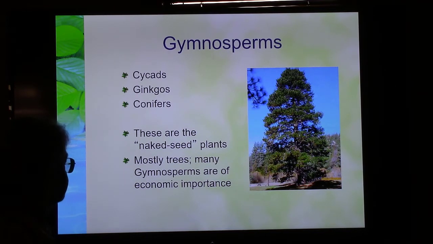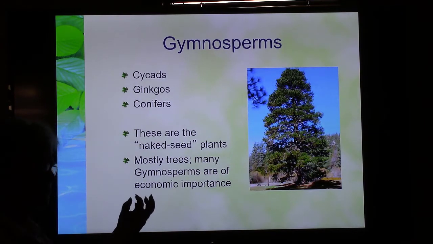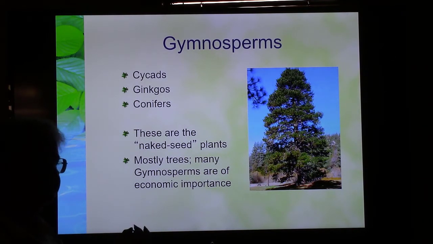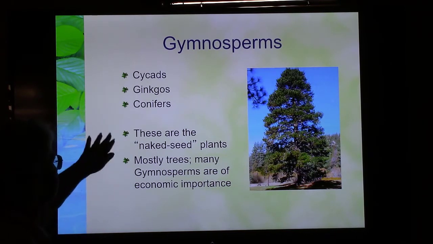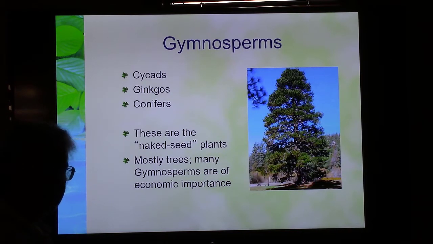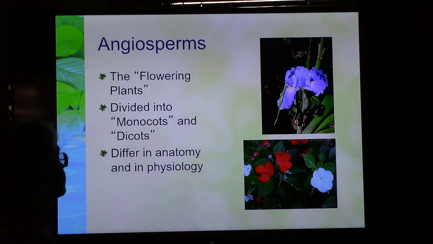Those plants, we call them naked seed plants because they don't have much of a good protective structure for the seed itself. After they fall out of the cone, they're pretty unprotected. But notice that most of these are trees, so they have a lot of commercial importance in the gymnosperms.